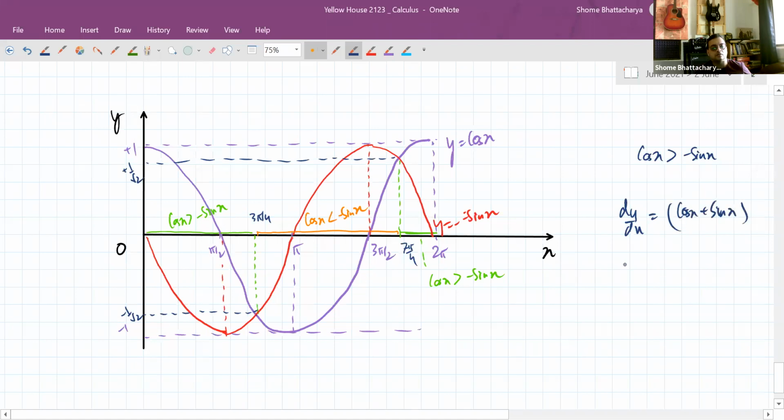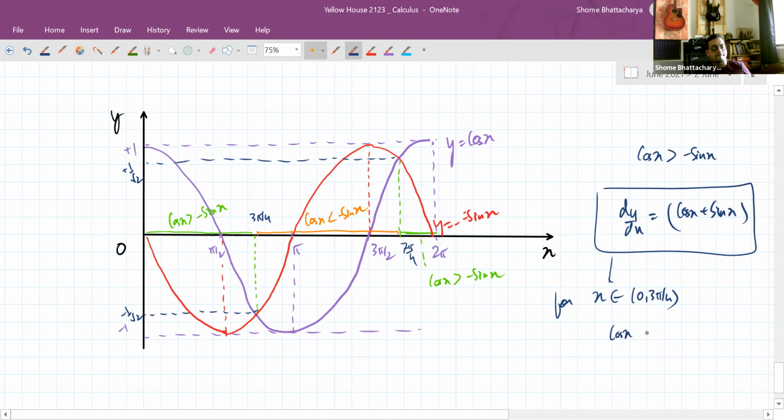So if we look at dy by dx, which was cos x plus sin x earlier, you can see that for x belonging to the interval 0 to 3 pi by 4, cos x is greater than minus sin x.